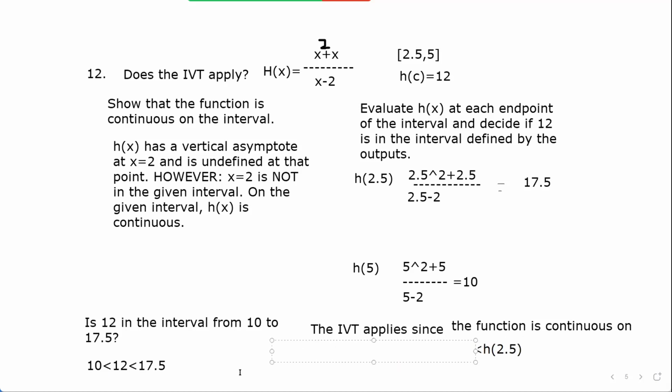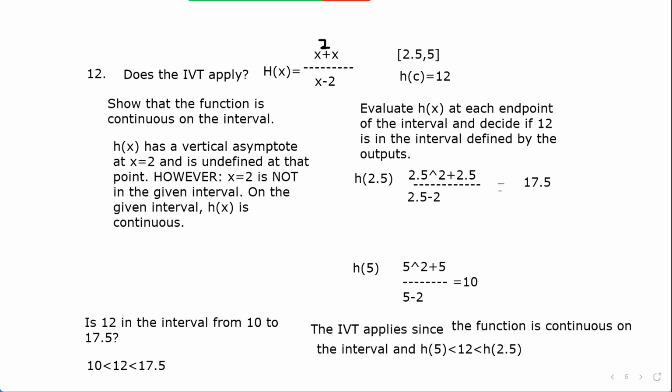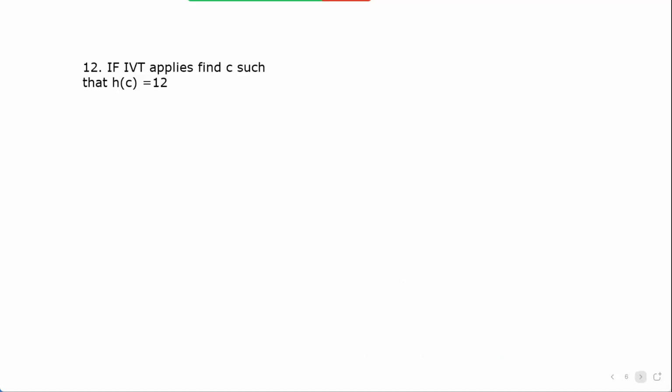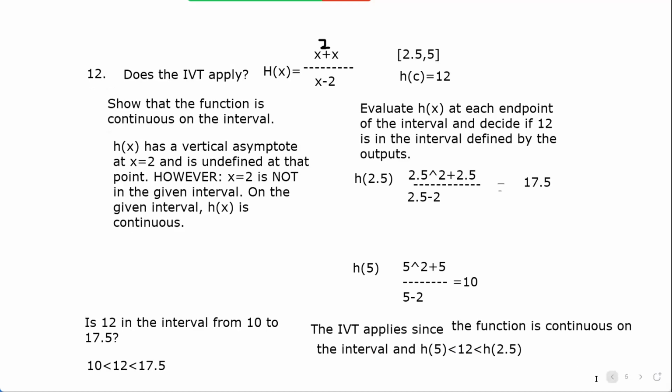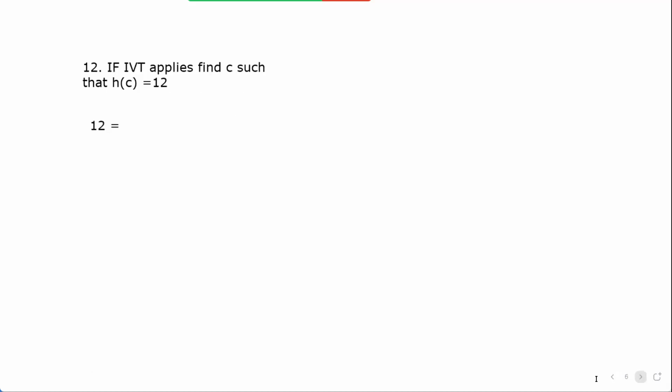Now I can go to the next whiteboard and say that since that's true, I can find my value, right? So I'm going to say 12 is equal to my function, c squared plus c over c minus 2.